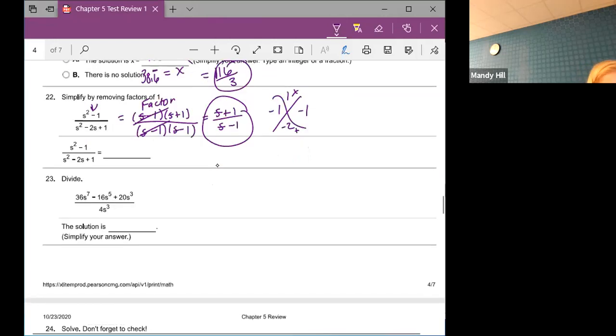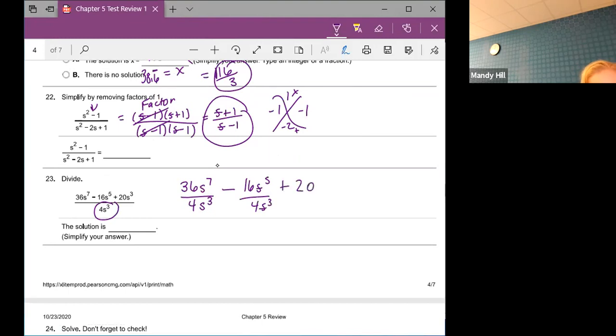In class, when we had something like this, we talked about dividing this up into 3 terms and taking them one by one. So 36s to the 7th over 4s to the third, minus 16s to the 5th over 4s to the third, plus 20s to the third over 4s to the third.